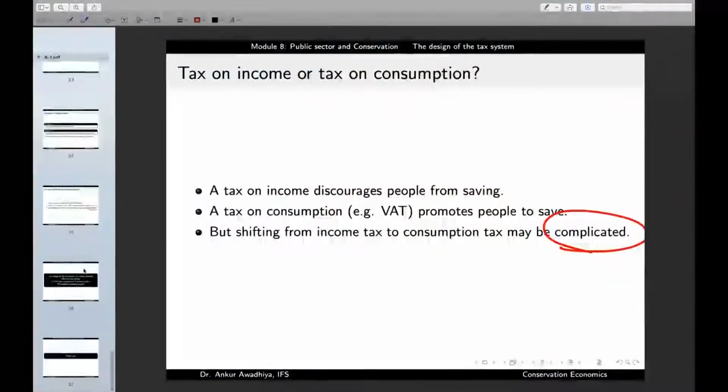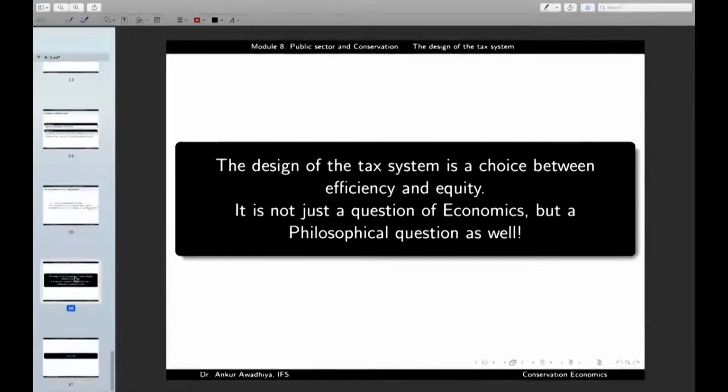So these are all different kinds of questions, and a large number of them are not just questions of economics but also philosophical questions, because you need to make a choice between efficiency and equity. As we saw before, economics is the science of decision making.